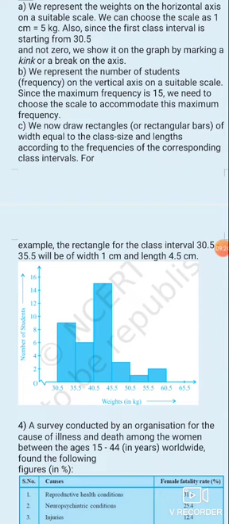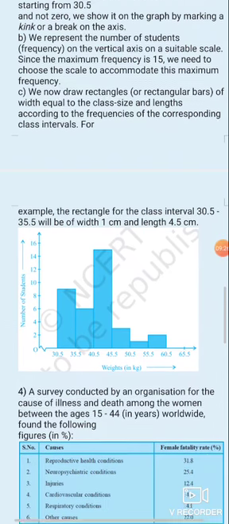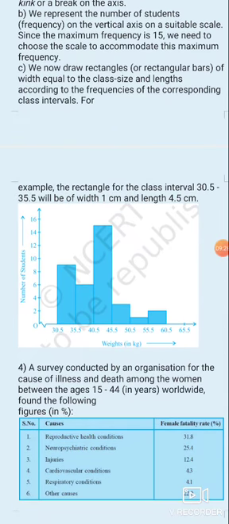Now the next question. A survey conducted by an organization for the cause of illness and death among women between the ages 15 to 44 years worldwide found the following figures in percentage.